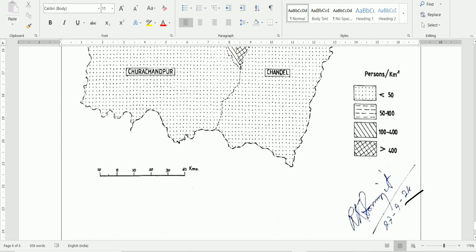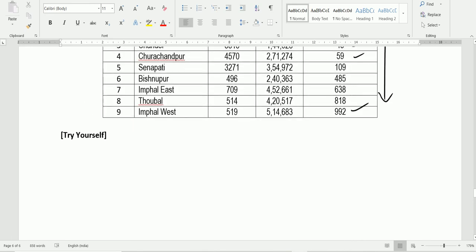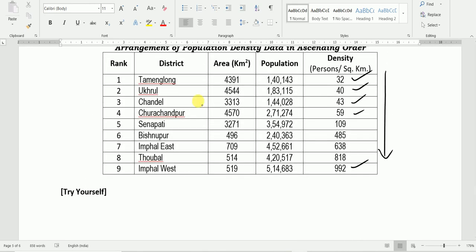So here I think the first one is okay, less than 50. Okay, then here also this one is okay, but instead of 400 it is better to use 500 according to this. Just see the table here. Less than 50, okay, then 50 to 100, this one.